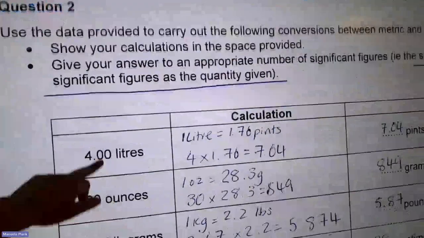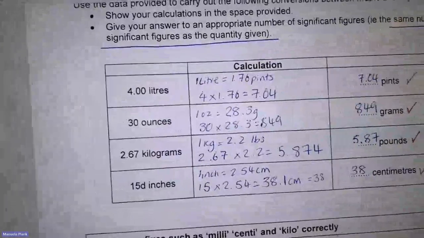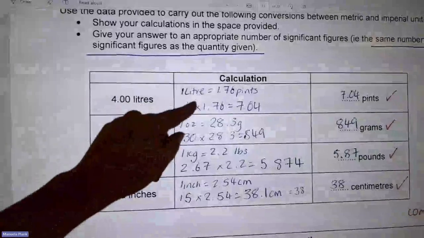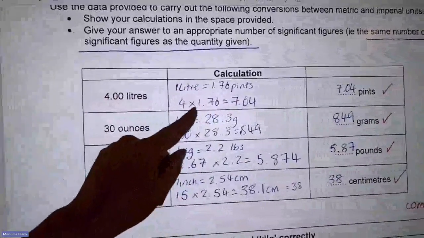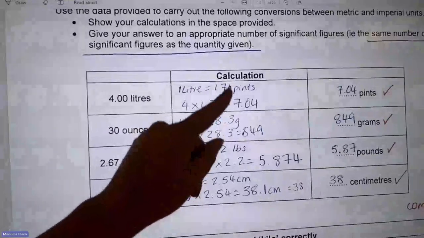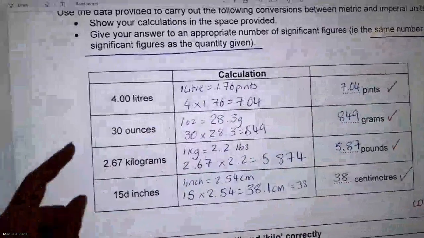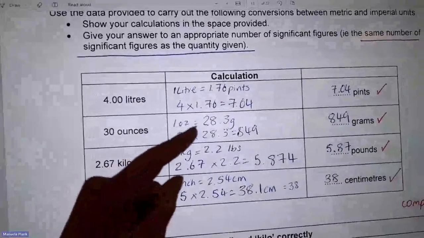The same is also for these calculations. They're exactly the same as above. So if we have 4 liters, we have to look up how much is 1 liter, and then 4 liters are just 4 times this amount, and then you put your answer in here. Same for 30 ounces. So you need to check 1 ounce.